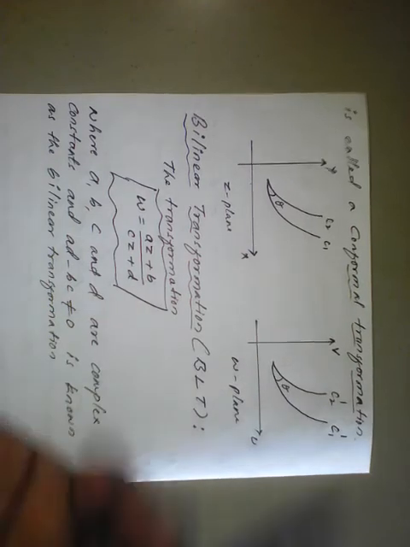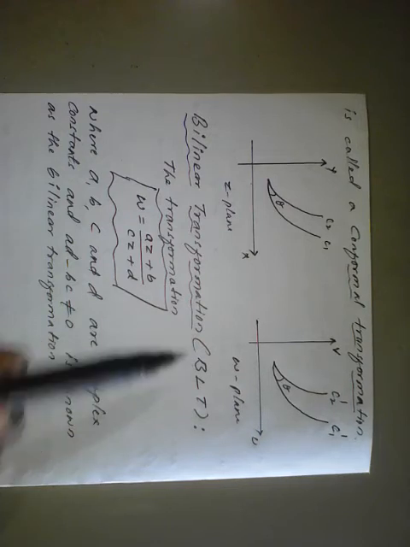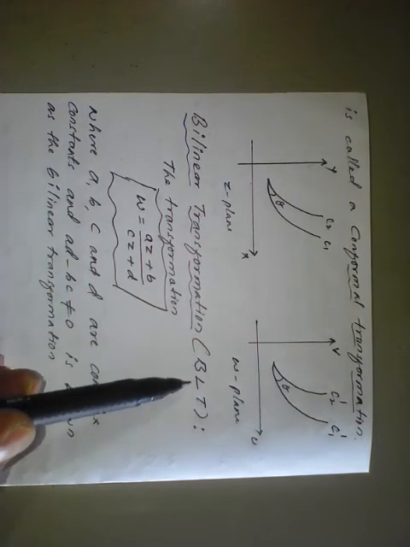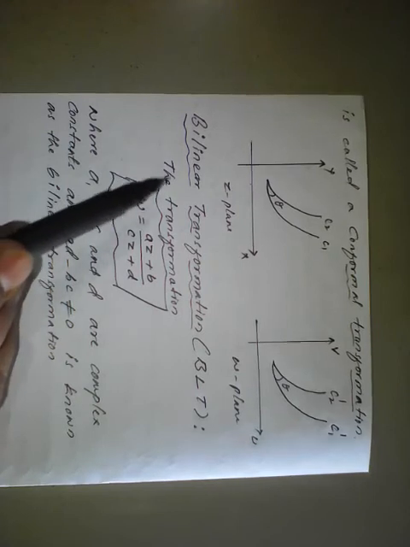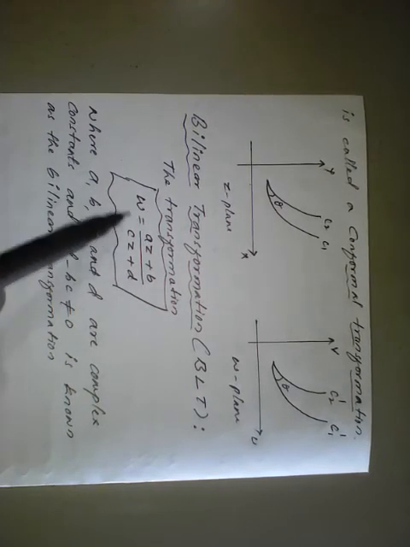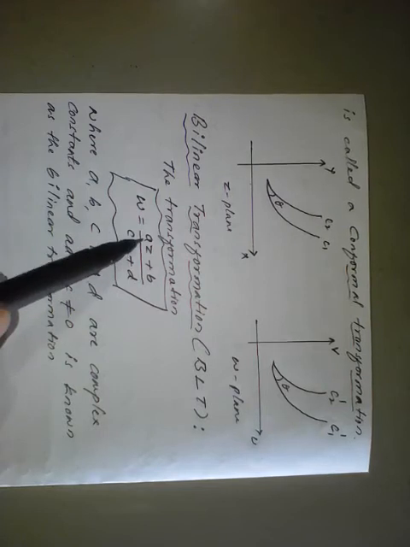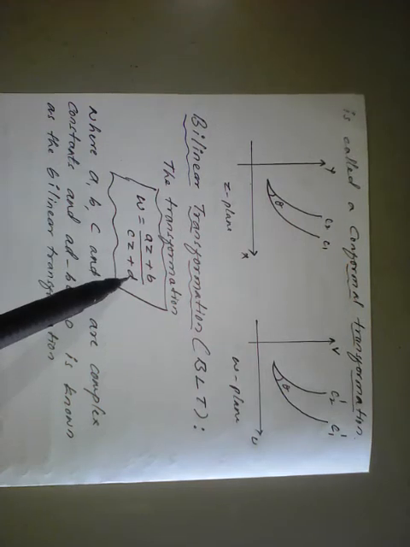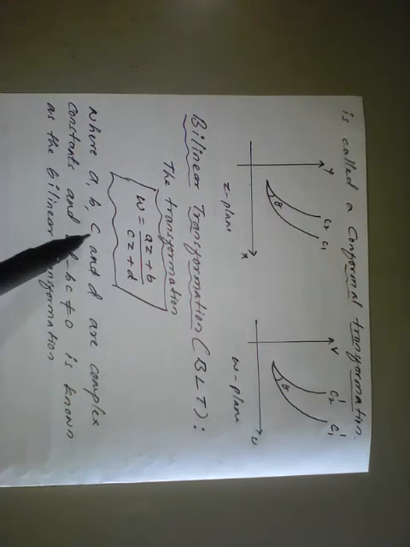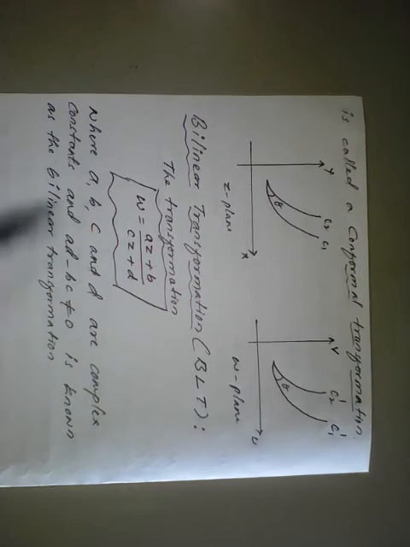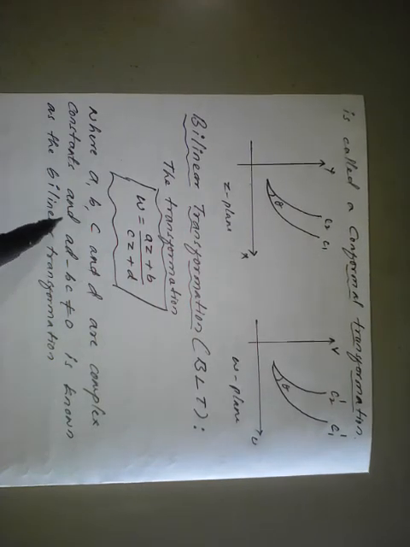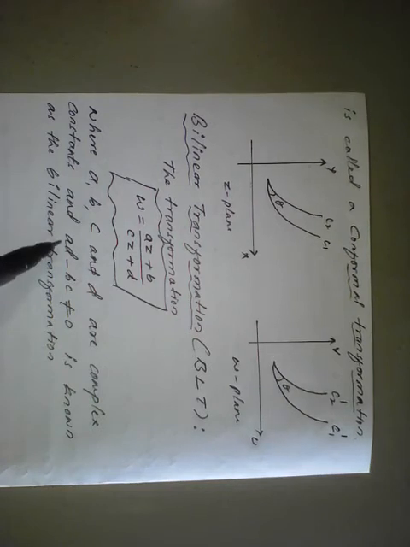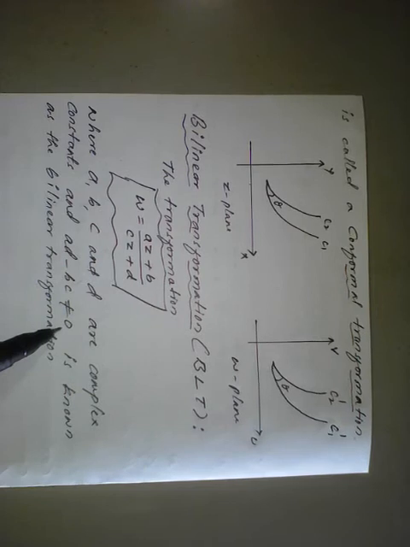In conformal transformation, we have one more transformation called the bilinear transformation, in short BLT. The bilinear transformation is given by w = (az + b) / (cz + d), where a, b, c and d are complex constants, and we should check the condition that ad minus bc is not equal to 0.